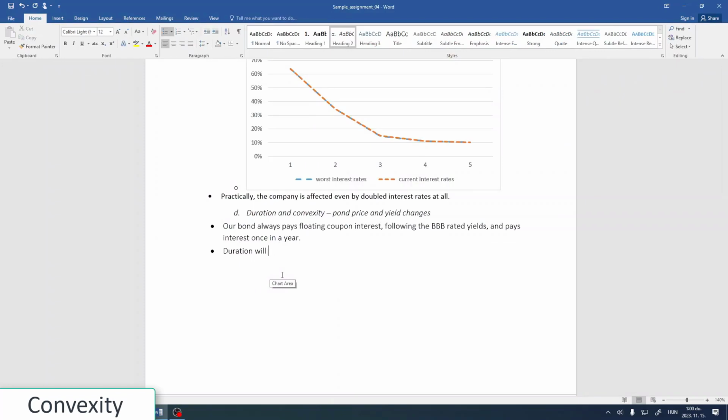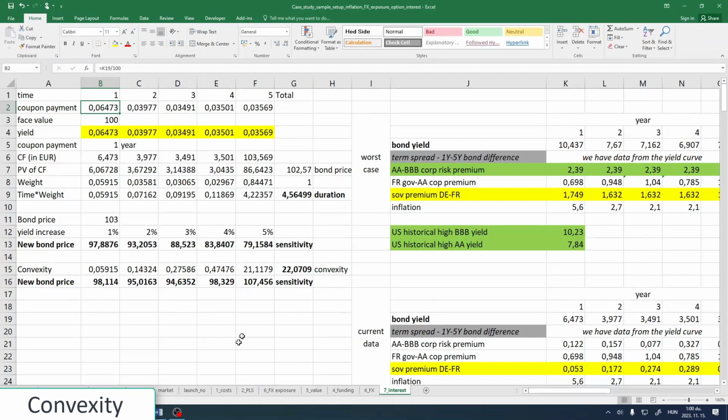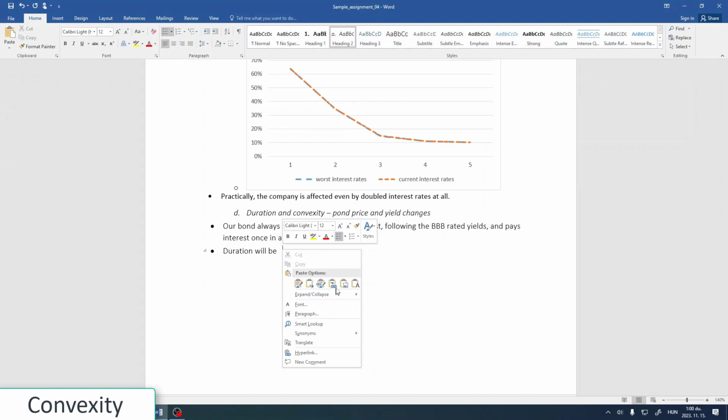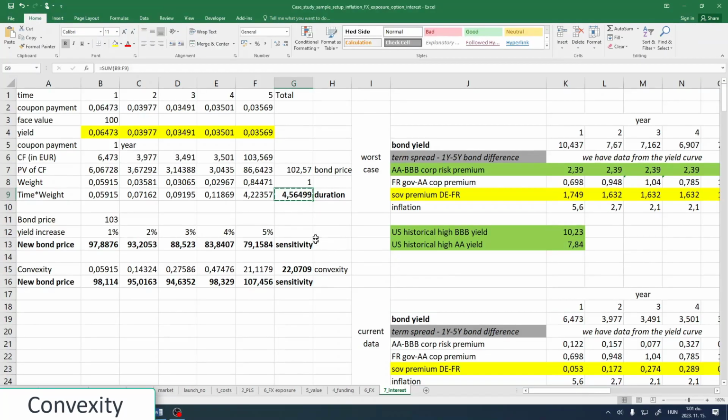Okay, so duration will be what? This one? Yeah, that's fine. And decimal points. And the convexity is this other number.